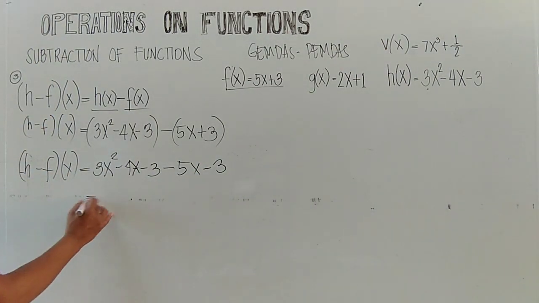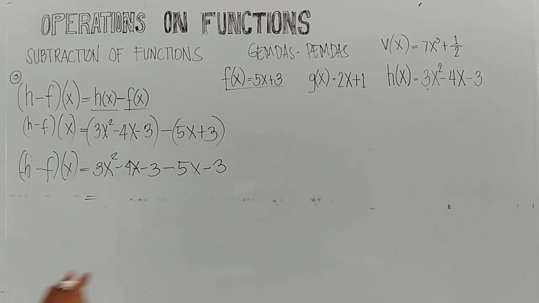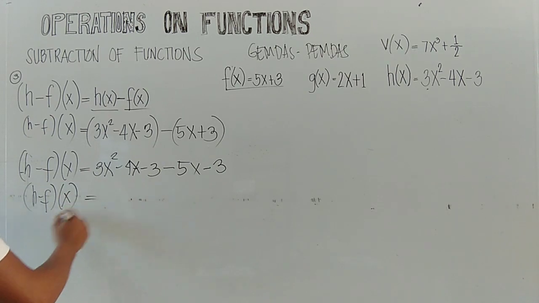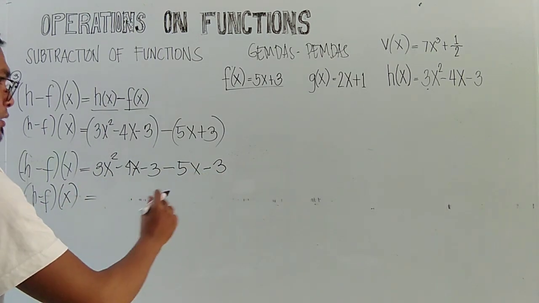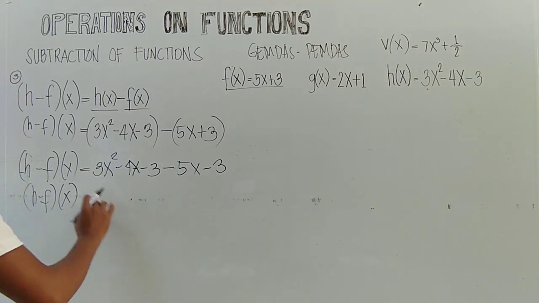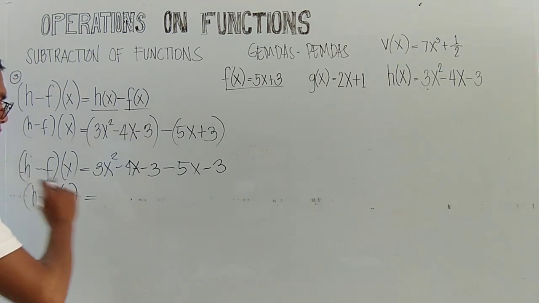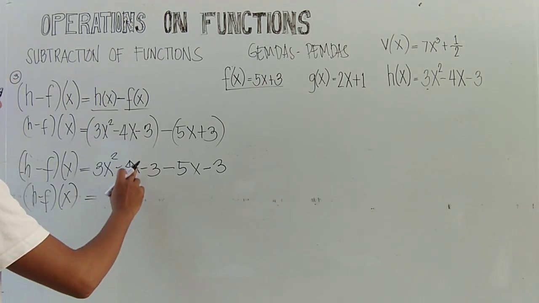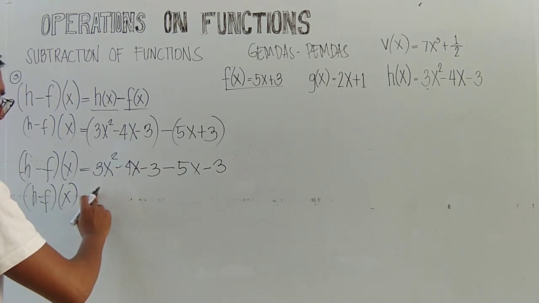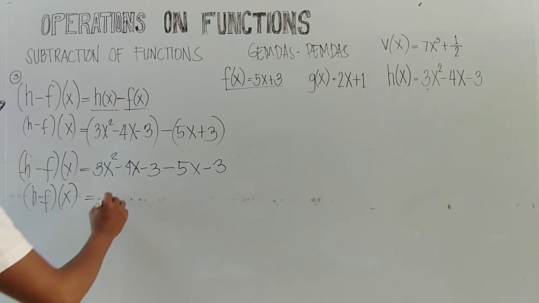Okay, continuing. Our next step will be combining of like terms. So we have h minus f of x equals to combining like terms. So pinaka-basic and fundamental step in combining like terms para masapos is we have to arrange the terms that are like terms, or we can arrange the terms in descending order.